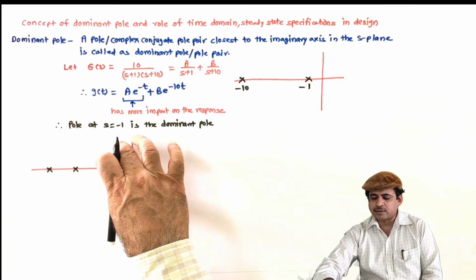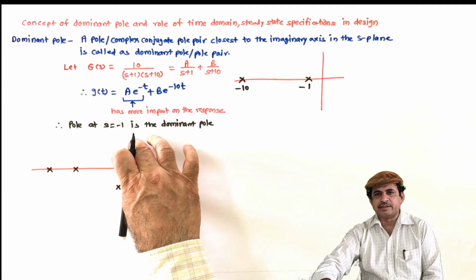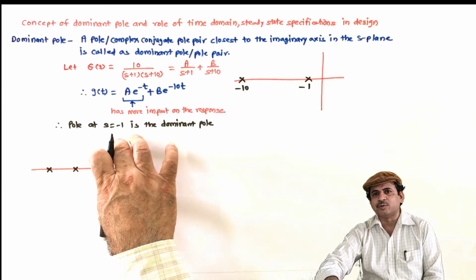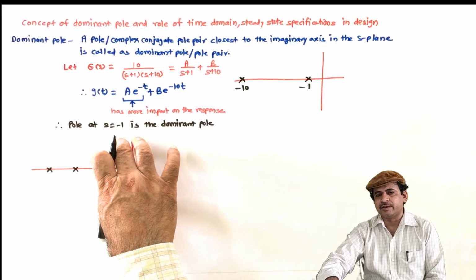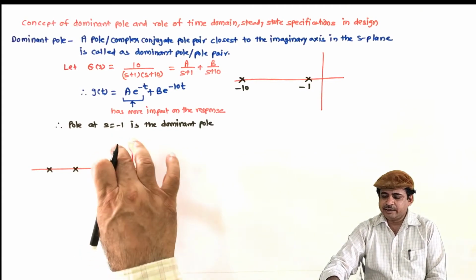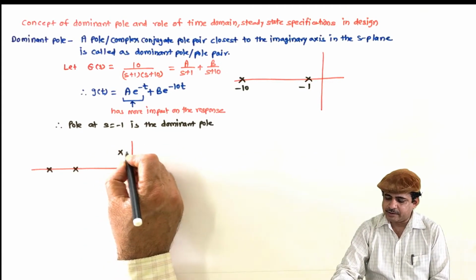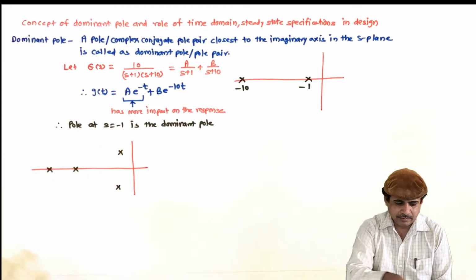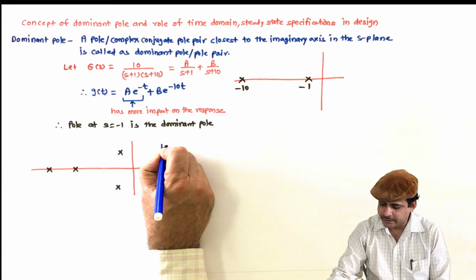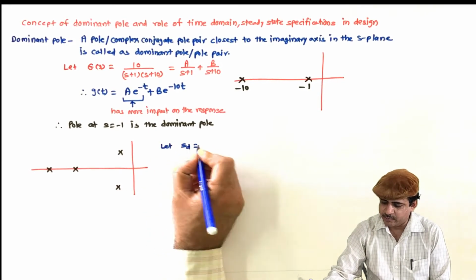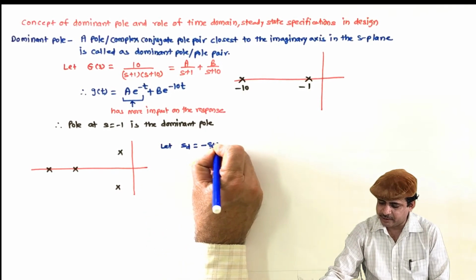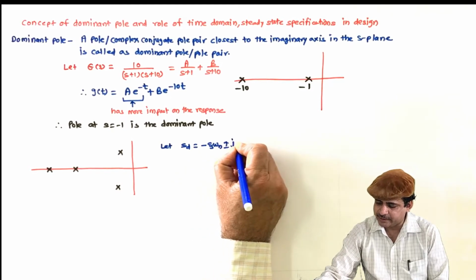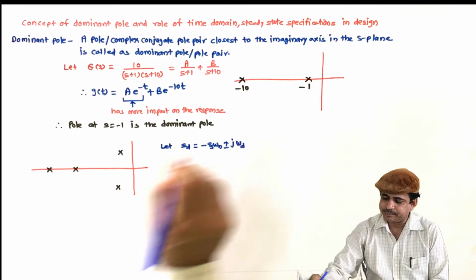Then these two poles are at equidistant from the imaginary axis, so these two are the dominant poles, and that is the dominant pole pair. And let the dominant pole pair SD be at minus zeta omega n plus or minus j omega d.